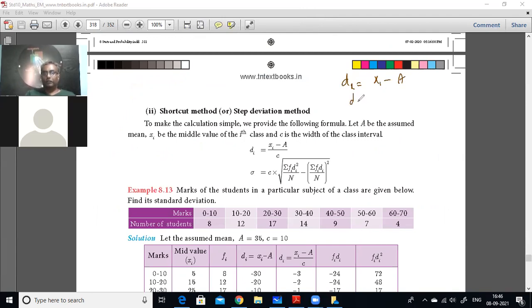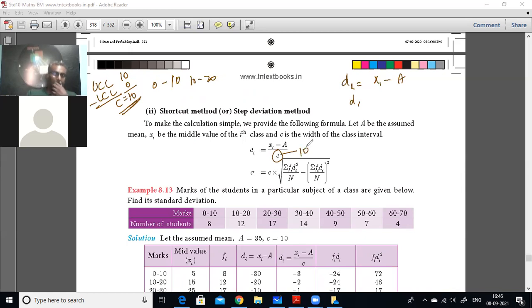Here you have to do an extra step. Class is 0 to 10, 10 to 20, like that. What is the class interval? Upper class limit minus lower class limit is equal to class interval. That means 10 minus 0 is equal to 10. So C is equal to 10. It is denoted by C. This is the class interval distance.